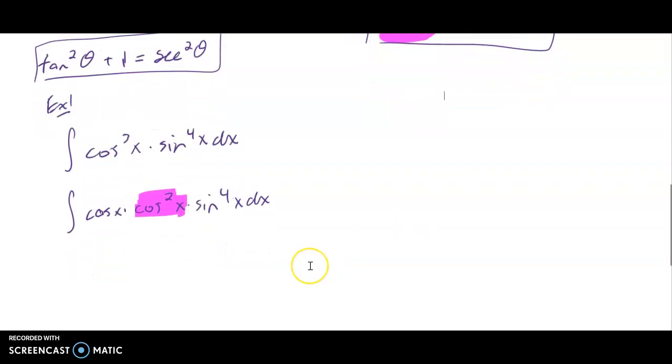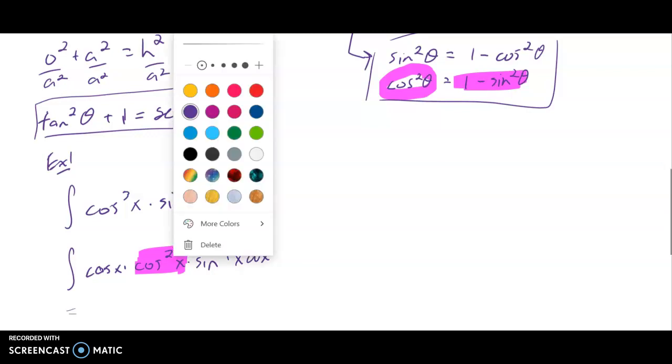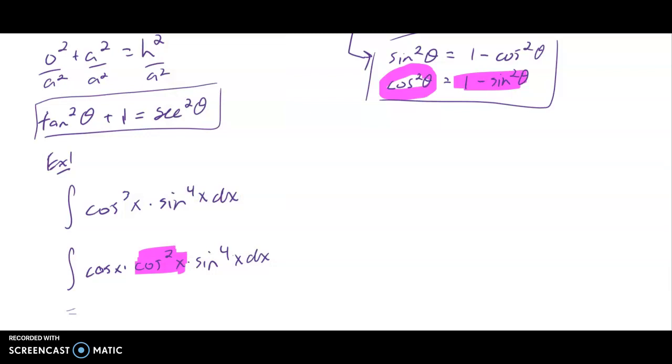So I'm going to replace my cosine squared with a 1 minus sine squared. So let me get my pen. This is the same as the integral of cosine x, that's the original cosine, times 1 minus sine squared x, which replaces the cosine squared x, and then times sine to the fourth x dx.